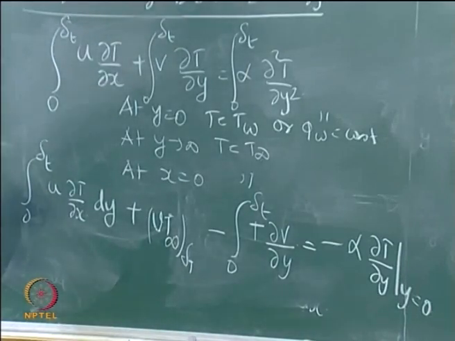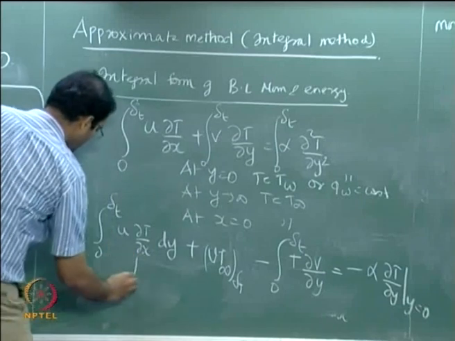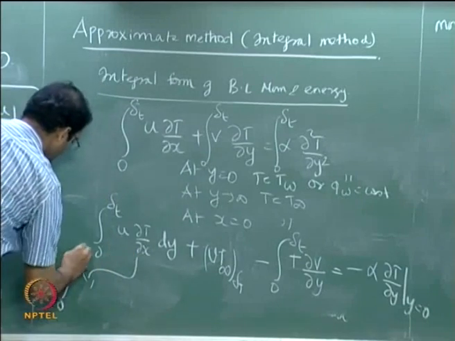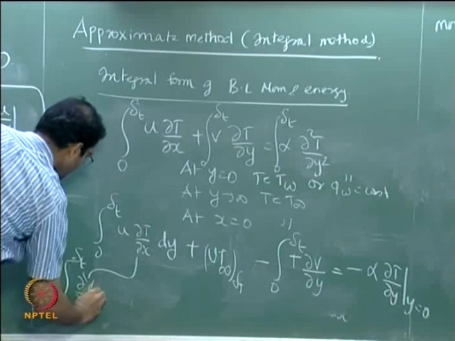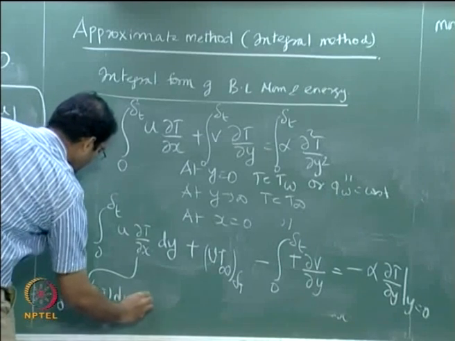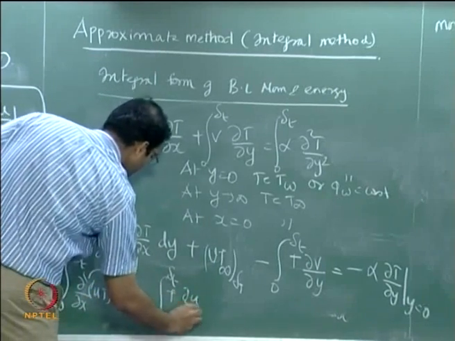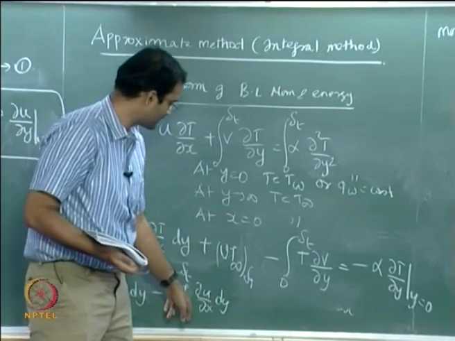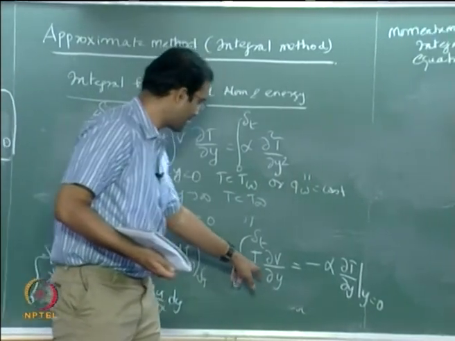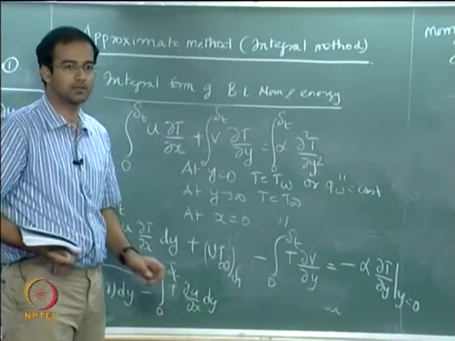Now what we can do is once again integrate this by parts. You can write this as integral 0 to delta T of d by dx of uT dy minus integral 0 to delta T of T du by dx dy. So you can combine this term and this term right here. You can take T common, this is du by dx plus dv by dy, which is nothing but the continuity equation.